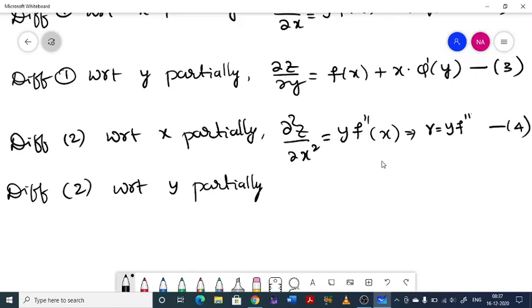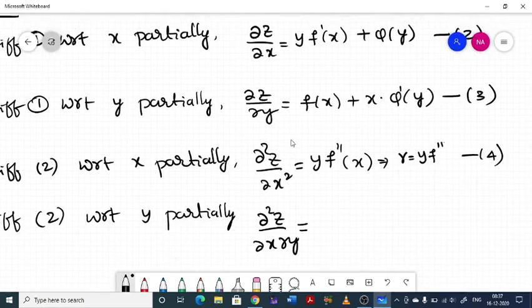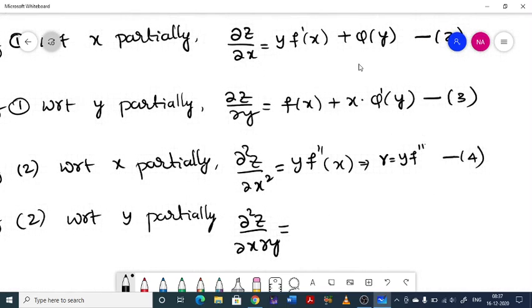If you want, you can call that equation 4. Differentiating equation 2 with respect to y partially, ∂²z/∂x∂y equal to f'(x) plus φ'(y). Equation 5.